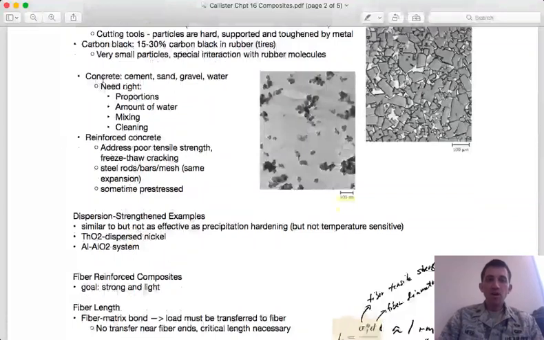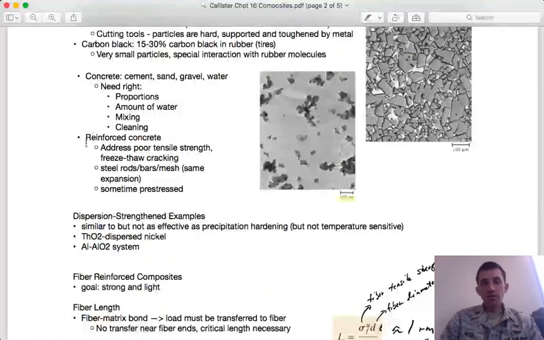If you consider concrete to be a composite material, you can actually take it a step further and add in not only different types of ceramic materials, but actually another class of materials in the reinforcement. So you can add in rebar or metal mesh to address the poor tensile strength of concrete and give it a little more resistance to thermal cycling and the cracking associated with that.